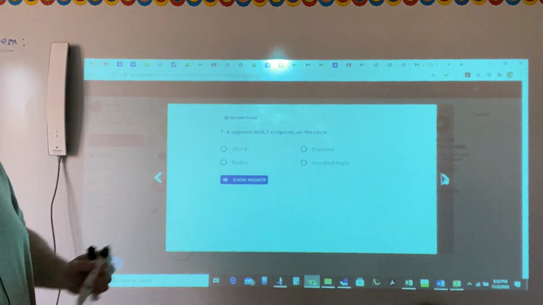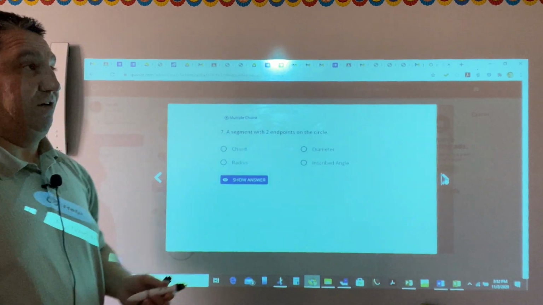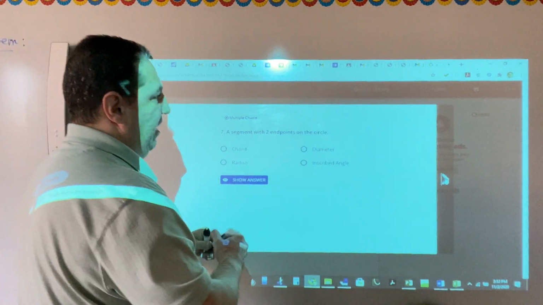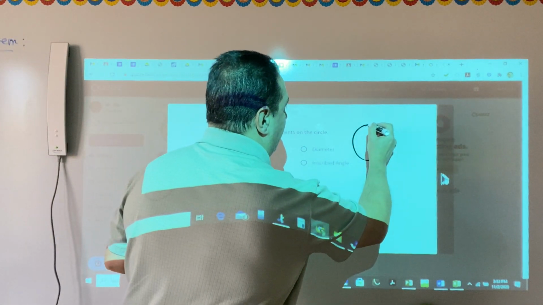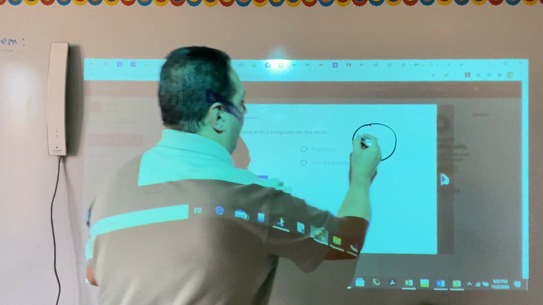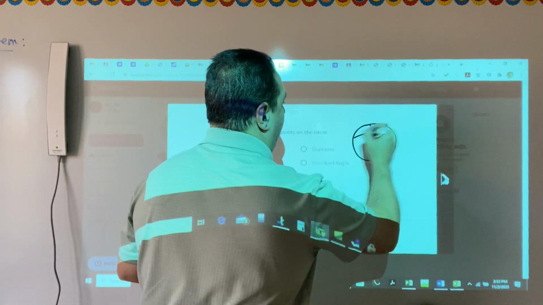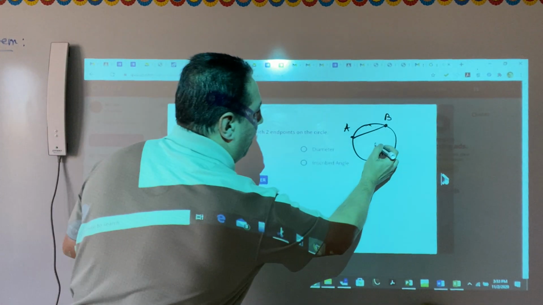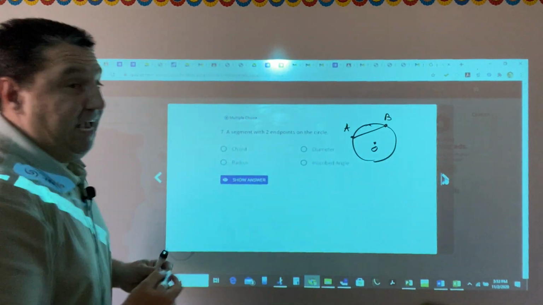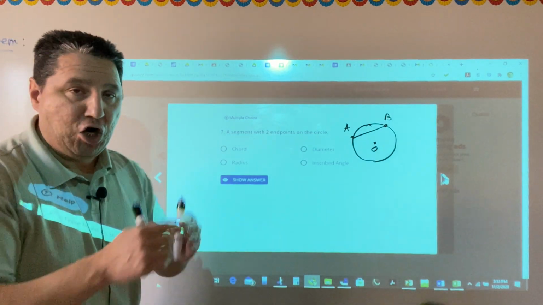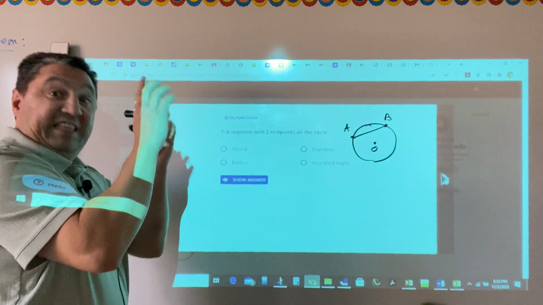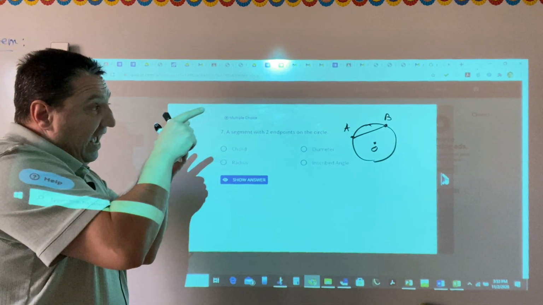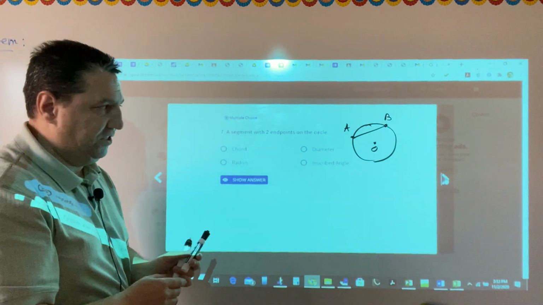A segment with two endpoints on the circle, yes, is something like that. It is a chord, right? A chord is a segment, not a line, a segment whose endpoints are on the circle.